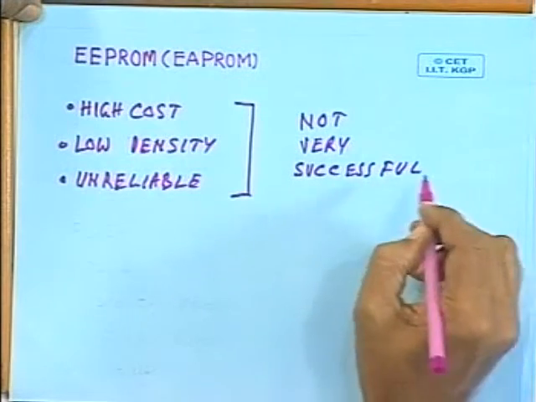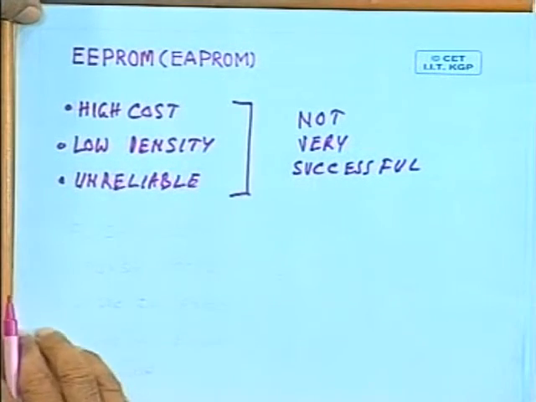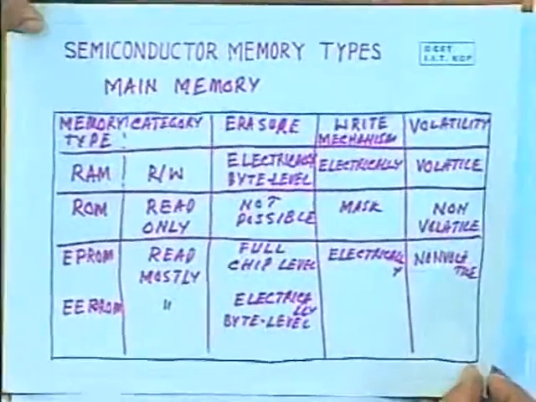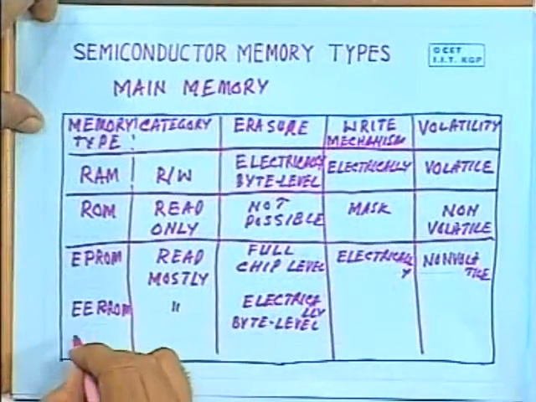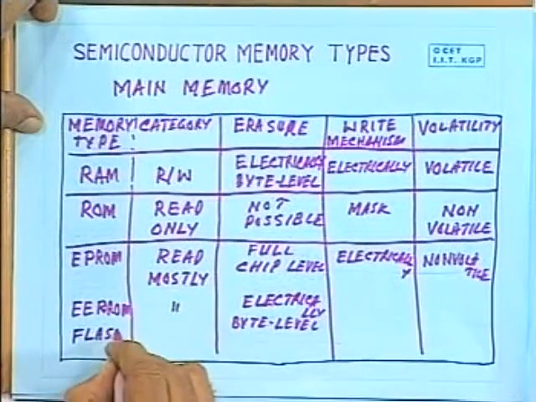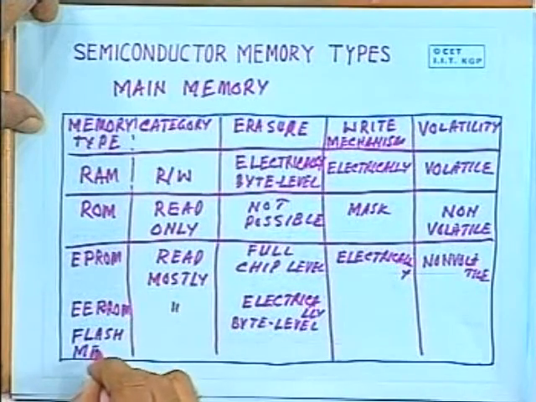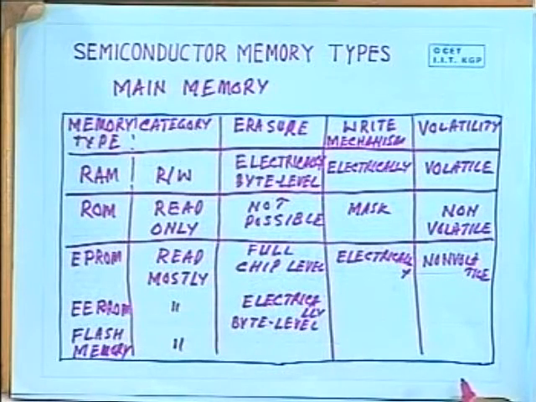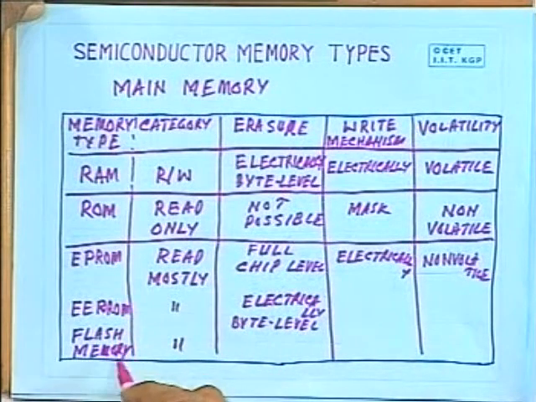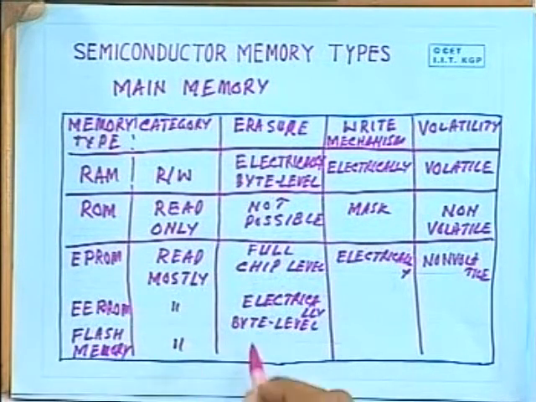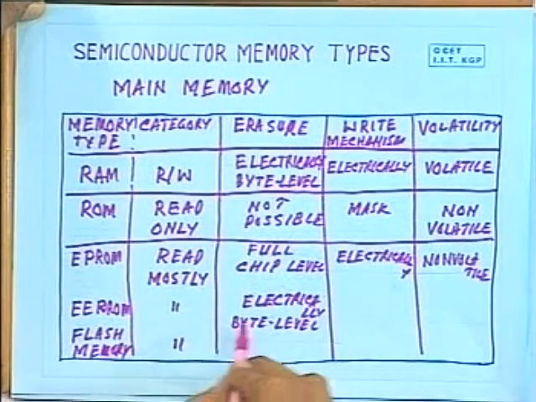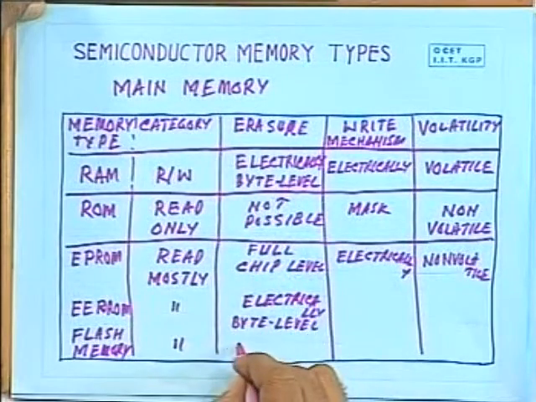And as a result, this was replaced by one of its cousins, which you may call flash memory. This is also read mostly, but the only thing different from EEPROM is that erasure is not at byte level but at chip level.